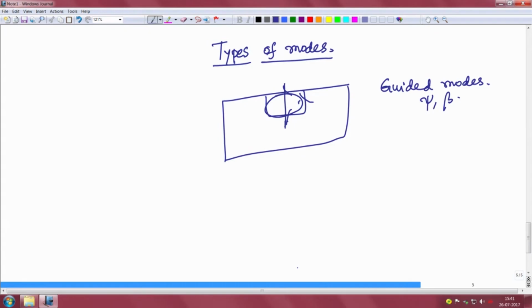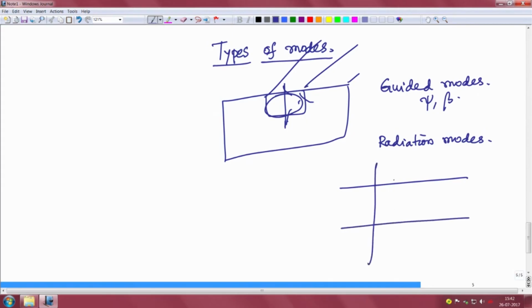Similarly, when the light leaks out of these optical waveguides, you can have what are called the radiation modes. Radiation modes are the modes which have a field variation which represents the power leaking out of the optical waveguides.